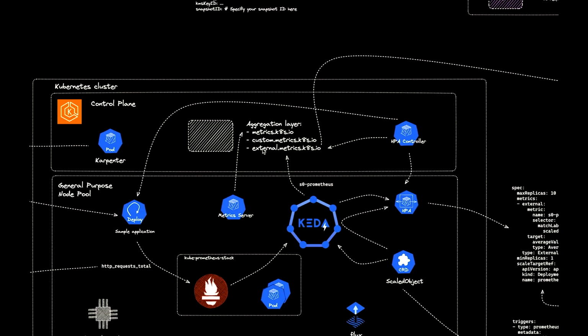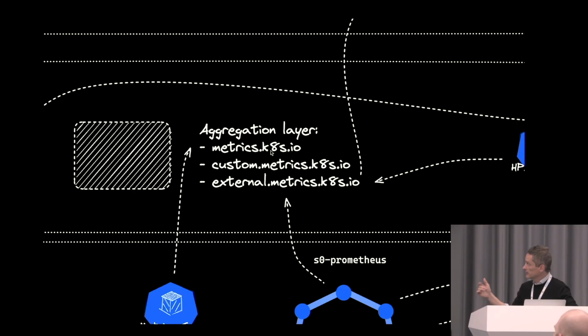So KEDA is operating, like I said, on one side by defining the way we source metrics and how we use metrics. On one side, again, it's scaling 0 to 1 and 1 to 0, and the other one is 1 to n, which is left to the horizontal autoscaler. The other side of its activity is on the aggregation layer. KEDA defines a new metric, which is, in our case, s0-prometheus.